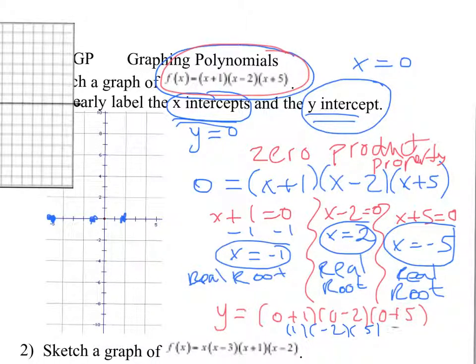So our y-intercept is at -10. So we're going to plot -10 below here.